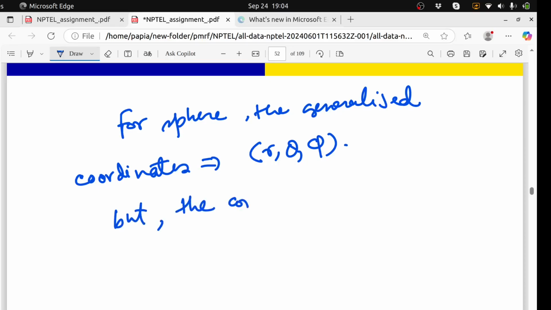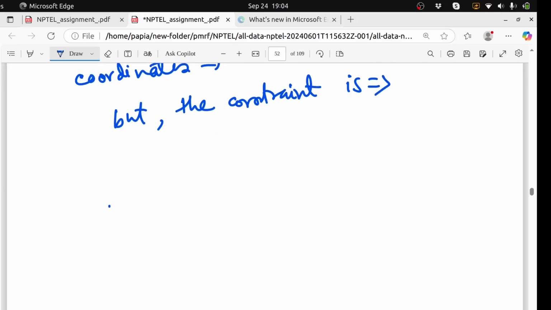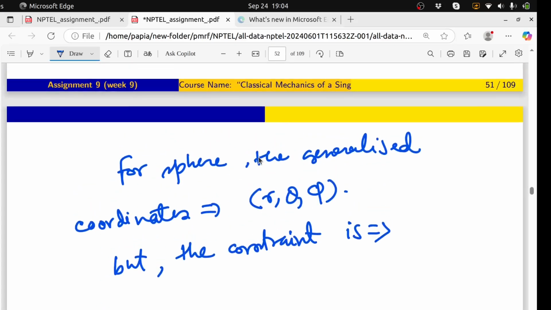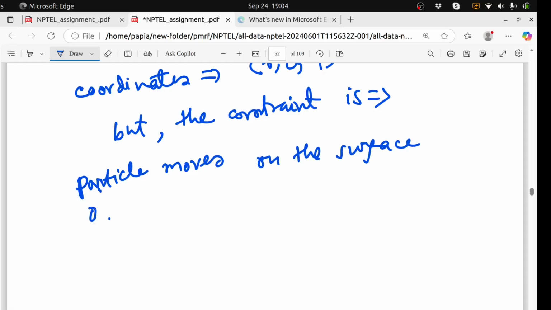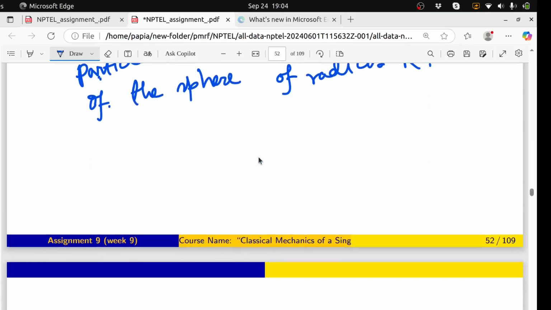The constraint is that the particle moves on the surface of the sphere of radius r, right?